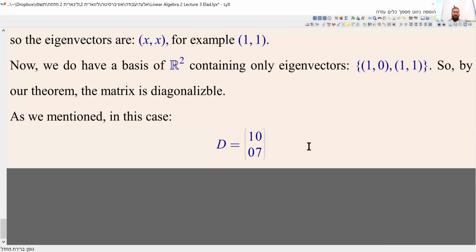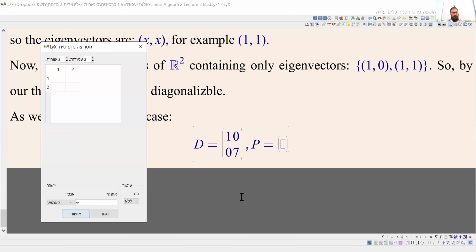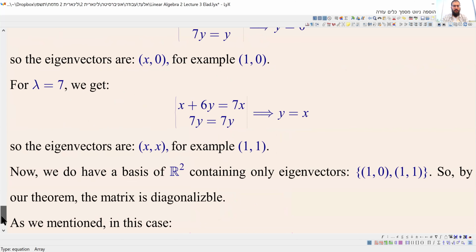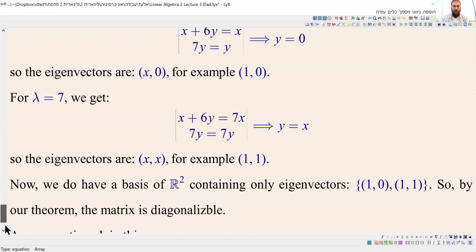But now, when you write down the matrix P, as we said, its columns are the eigenvectors, and it should be written down respectively to D. Meaning that if we put 1 as the eigenvalue in the first column of D, the eigenvector of 1 should be in the first column of P. It was 1, 0.